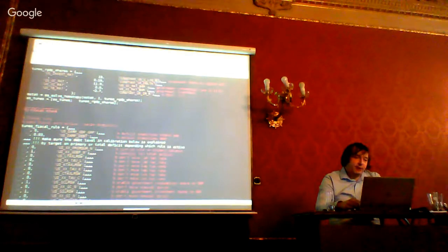Instead of setting this parameter directly, because I don't know what value the parameter should have, I'm just setting the investment to GDP ratio, and I am saying, please calculate this parameter, constant USC lig R, so that the investment to GDP ratio is 19%.